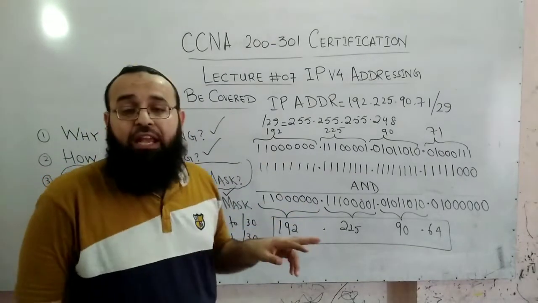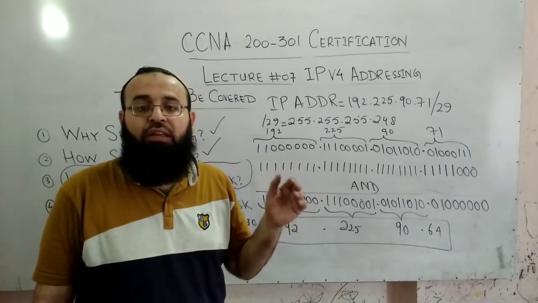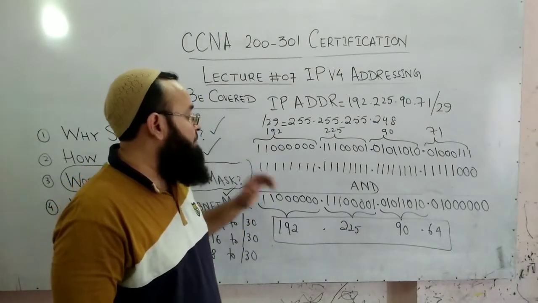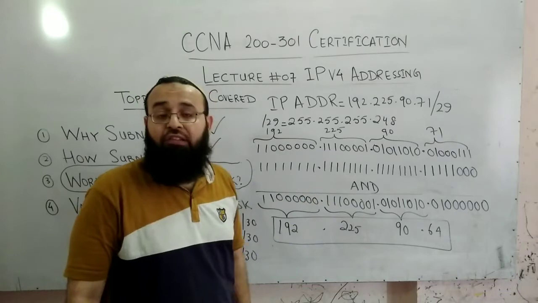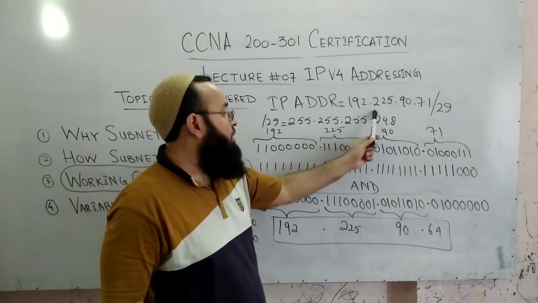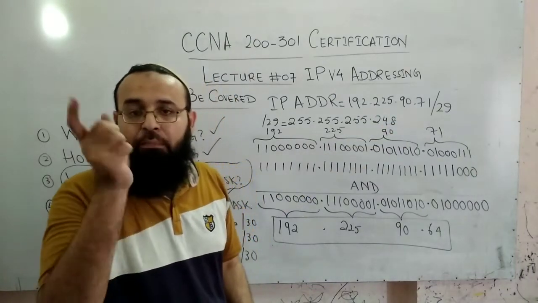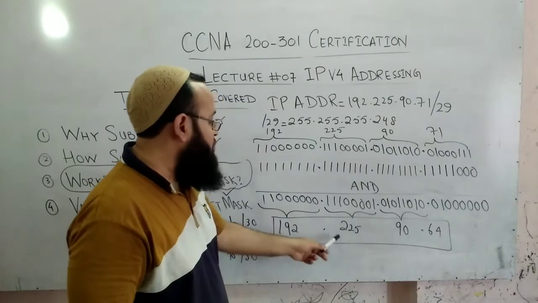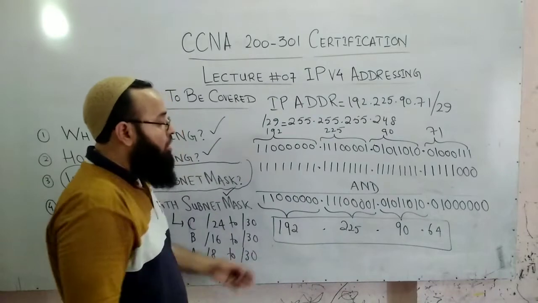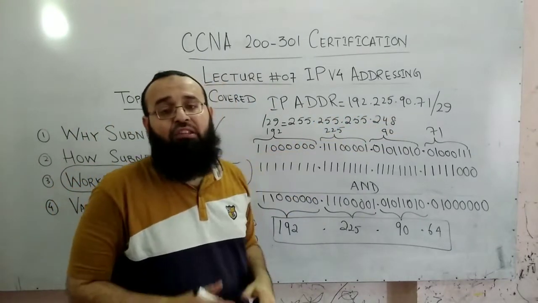But basically what a networking device does is perform the AND operation between the subnet mask and the IP address to find out the network address to which that IP address belongs. So we can say that this IP address 192.225.90.71 belongs to the network 192.225.90.64. This is the network ID of the network to which this particular IP address belongs.